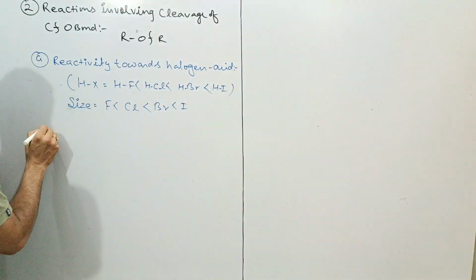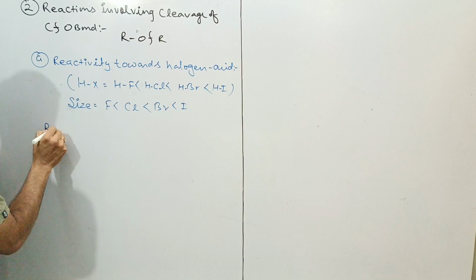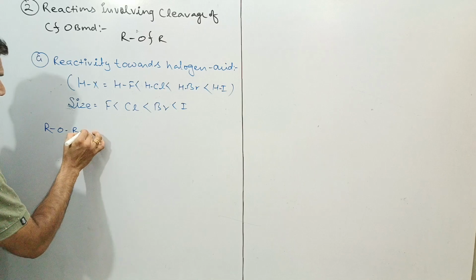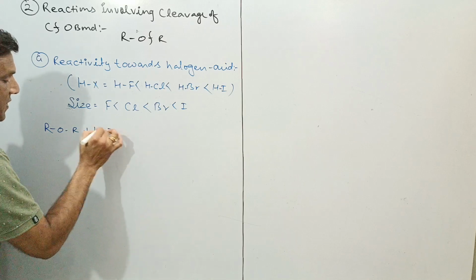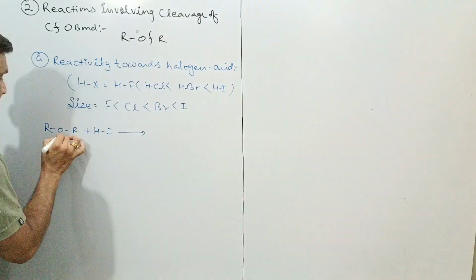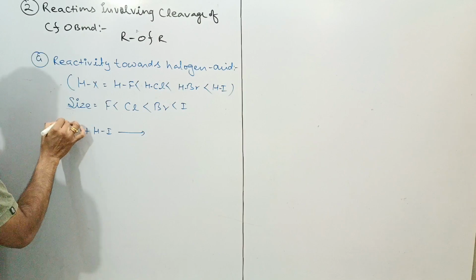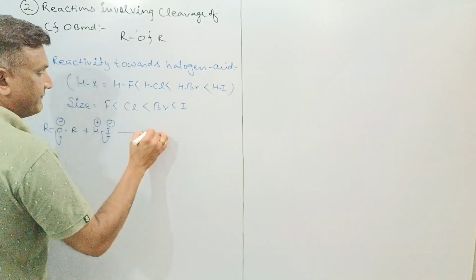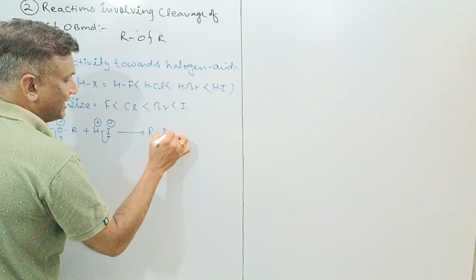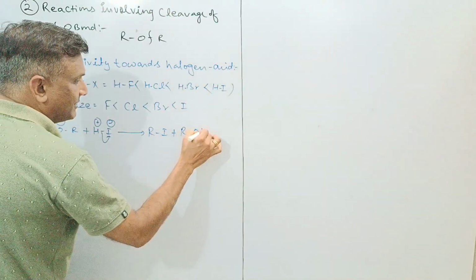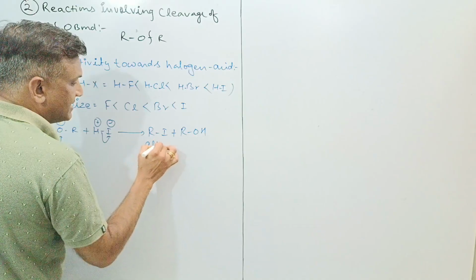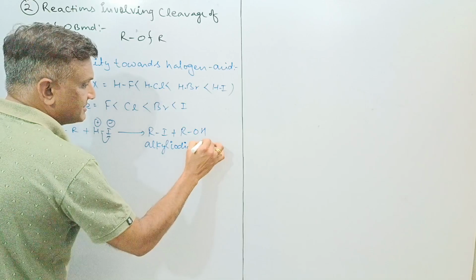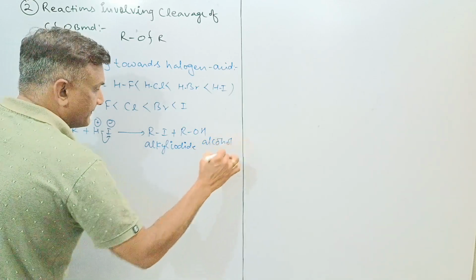If we go with the symmetrical ether first, here we are going to take HI. The electronegativity of oxygen is larger, so there will be formation of one molecule of alkyl iodide and one molecule of alcohol. This is the alkyl iodide and this is one molecule of alcohol.